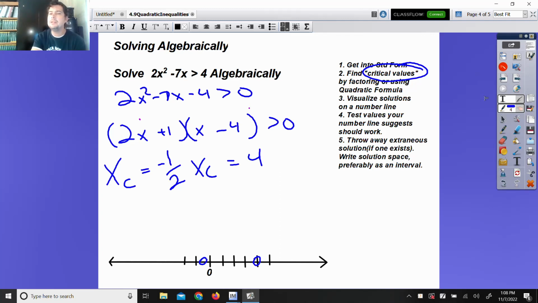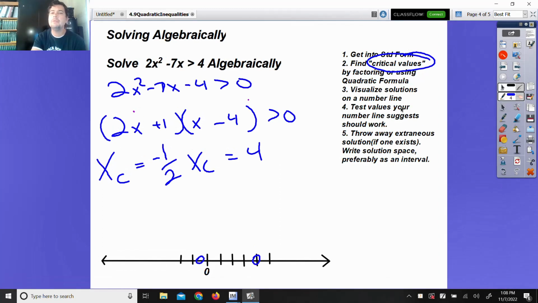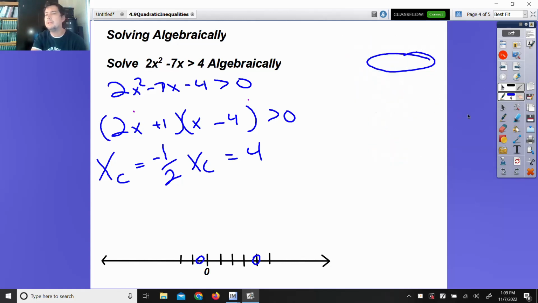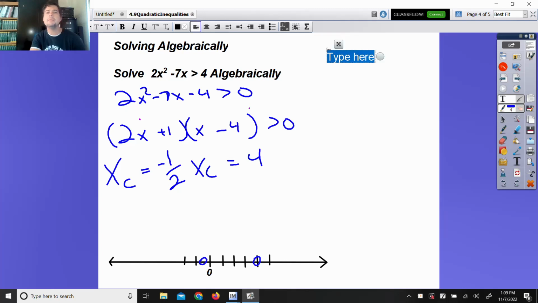Step 3 says visualize solutions on a number line, and so we did. Step 4 says test values, your number line should work. I'm going to extrapolate on that, give you a better idea what that means. What you're going to do is test around your critical values and look for true statements.